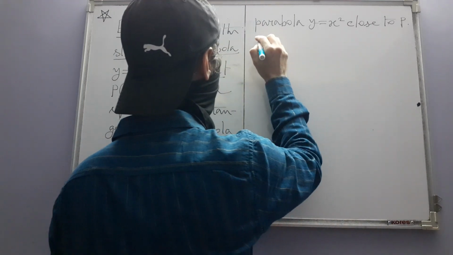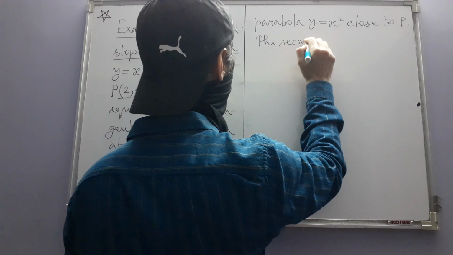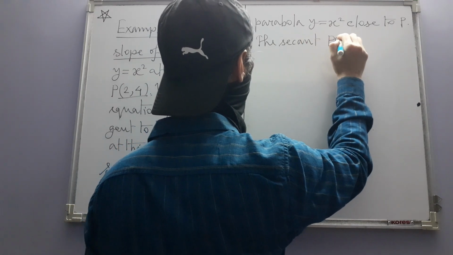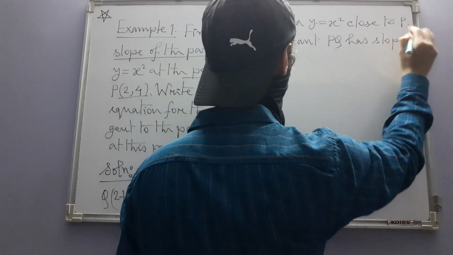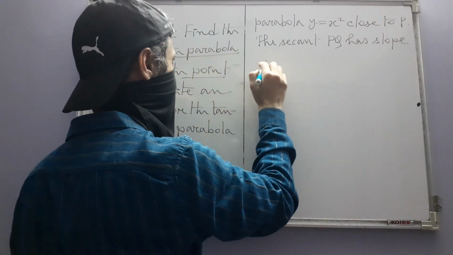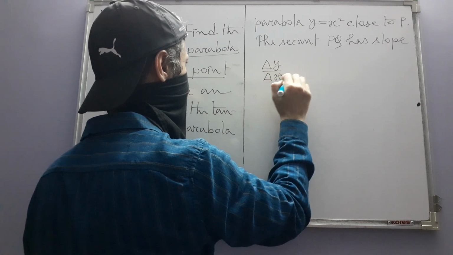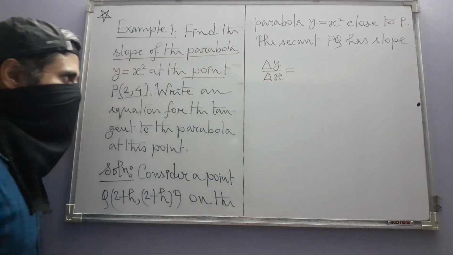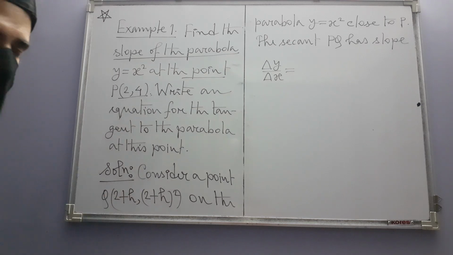Close to P, the secant PQ has slope delta y divided by delta x. The increment delta y is the difference in y coordinate.